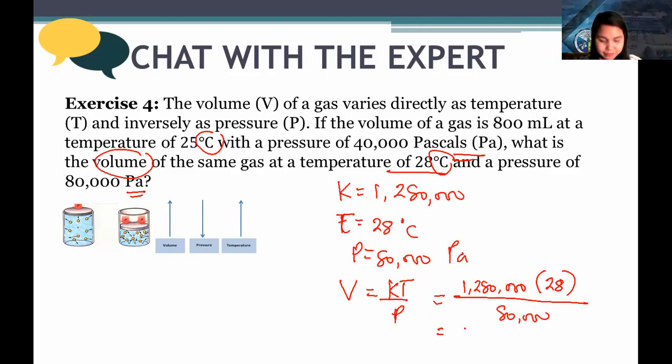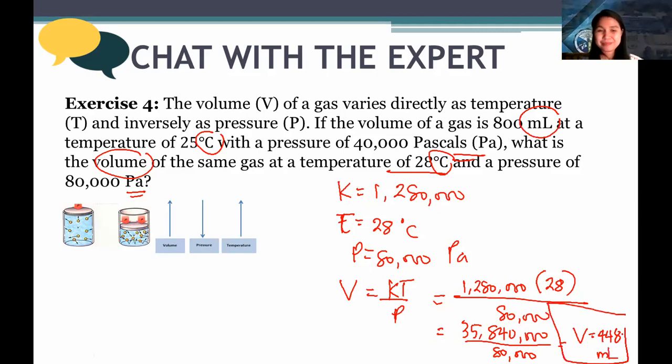So we have 35,840,000 divided by 80,000. The answer for the volume is 448. What is the unit of measure? ml. So do not forget the unit of measure, ml. Now, do you have any questions?